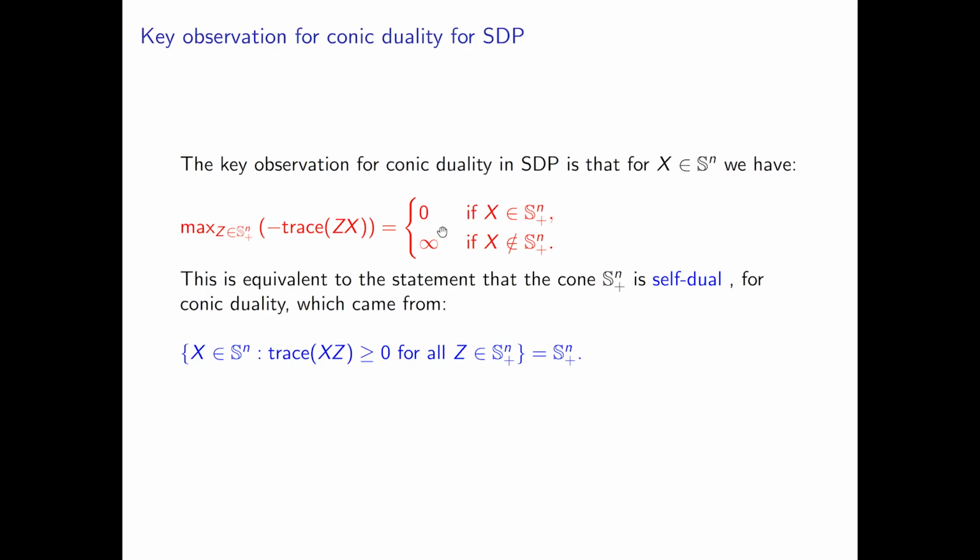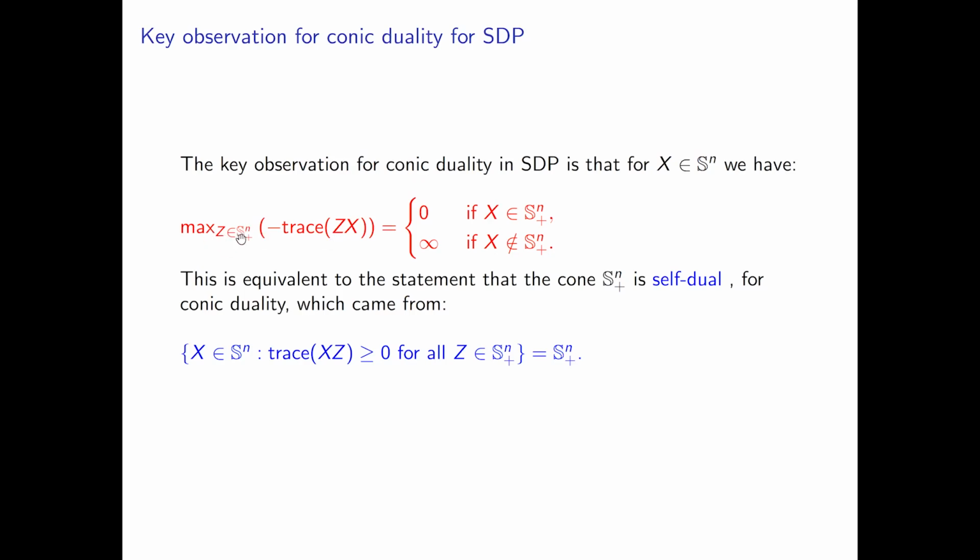One way to express that fact is the following: consider a fixed symmetric matrix X, and let Z range over the positive semi-definite symmetric matrices of the same size, and try to maximize minus the trace of Z times X. Trace of Z times X, remember, is the sum of Zij Xij over i, j. You try to maximize the negative of that inner product. If X is positive semi-definite, you will get 0.